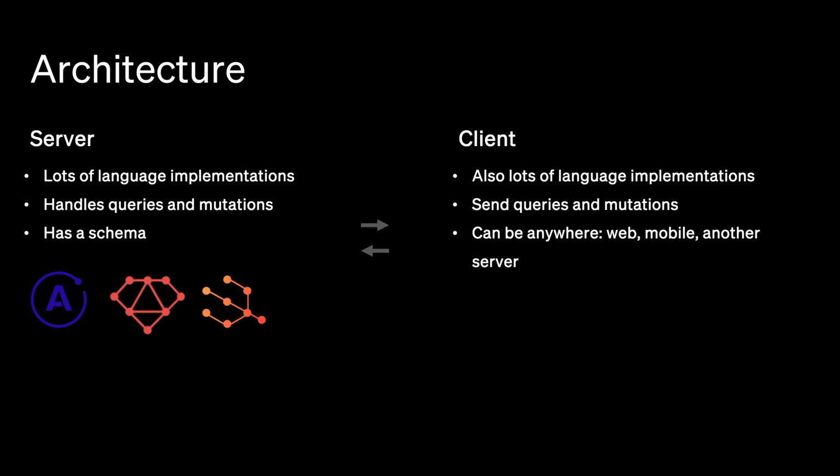There are lots of different clients in different languages as well, and they don't have to be the same across the server and the client. They can be different. The client will send queries and mutations to the server, and it can be from anywhere. It can be from the web, which is very common, or it could be in a mobile app, desktop application, even another server for server-to-server communication. Doesn't really matter. Let's just jump into the technical details if you're ready.